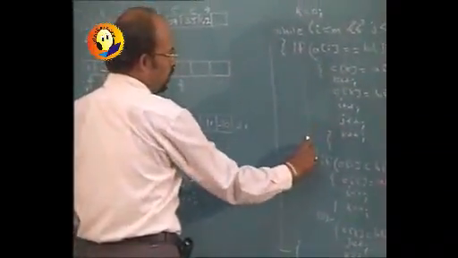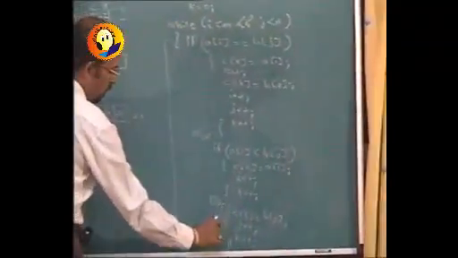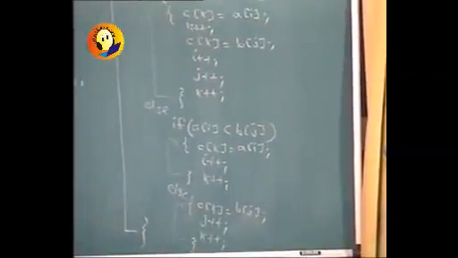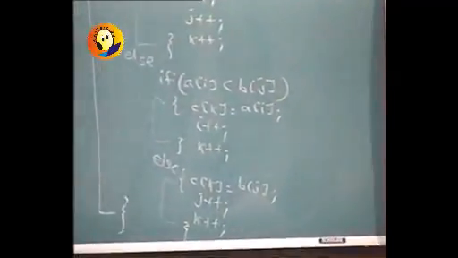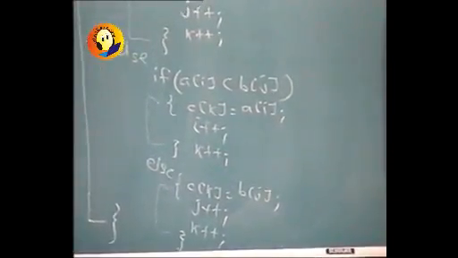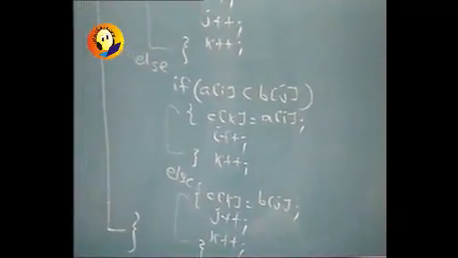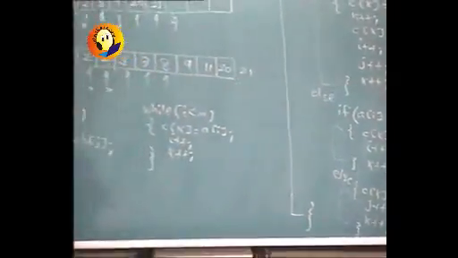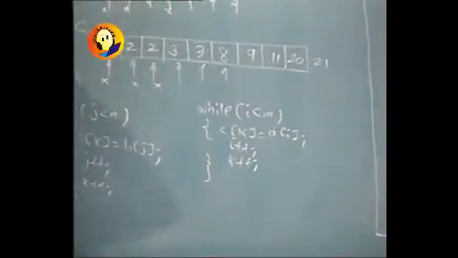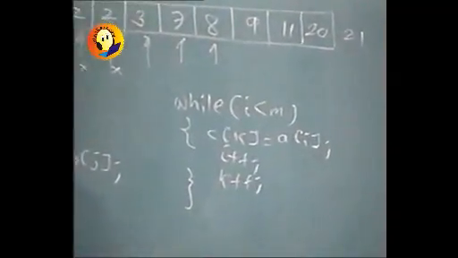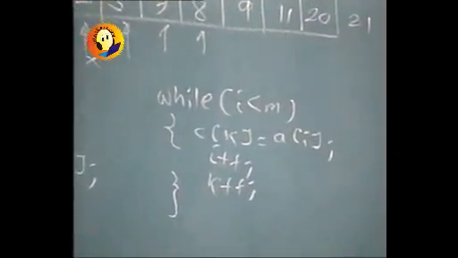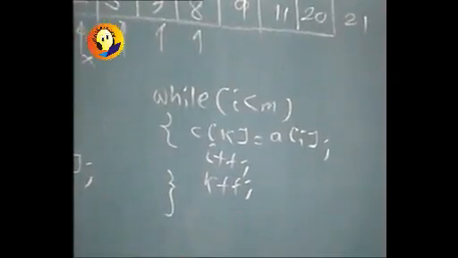This is the scope of this if. If you can't see it over here, you can see on the screen. That will be displayed across.